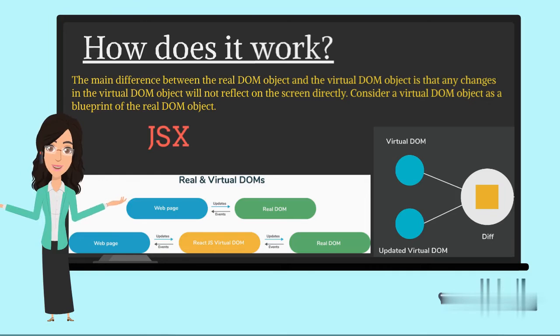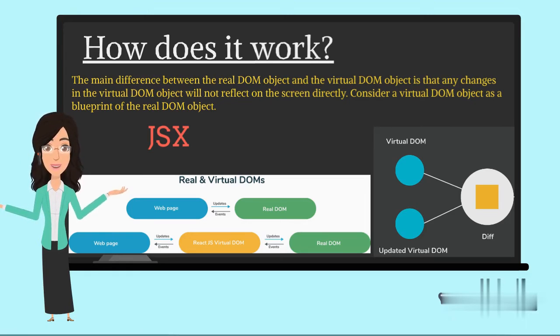And the logic behind it is, React uses two virtual DOMs to render the user interface. The point you should always remember is that there are two virtual DOMs. One of them is used to store the current state of the object and the other is to store the previous state. So whenever the virtual DOM gets updated, React compares the two virtual DOMs and gets to know which virtual DOM objects were updated.